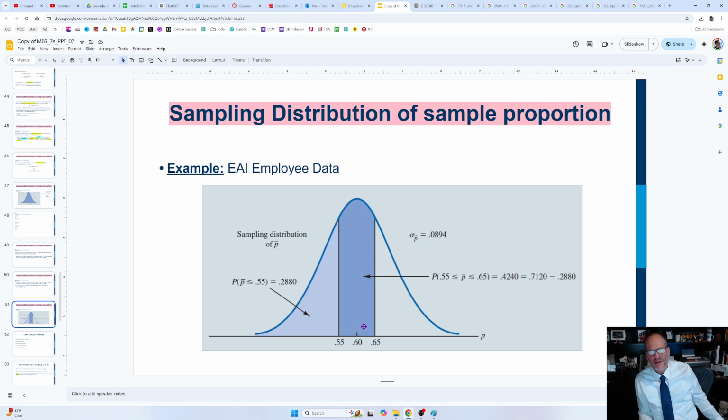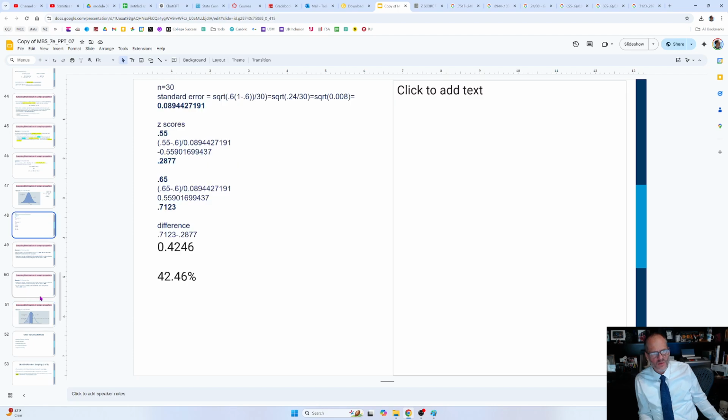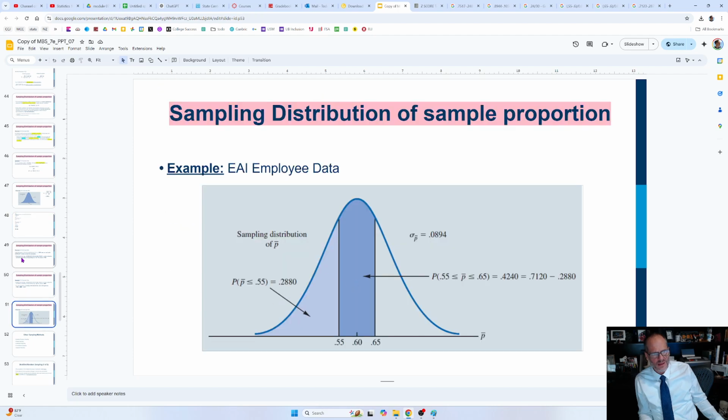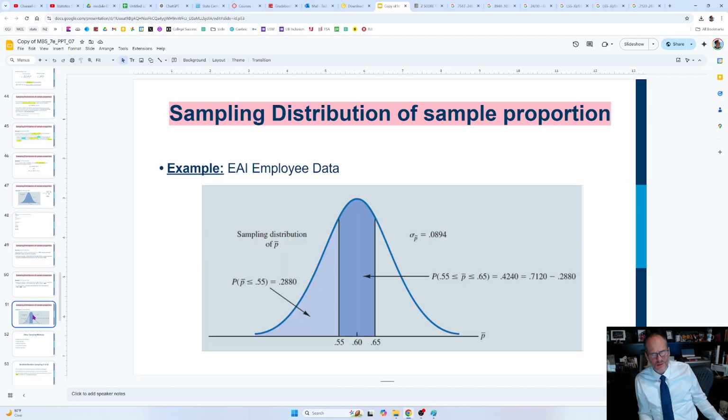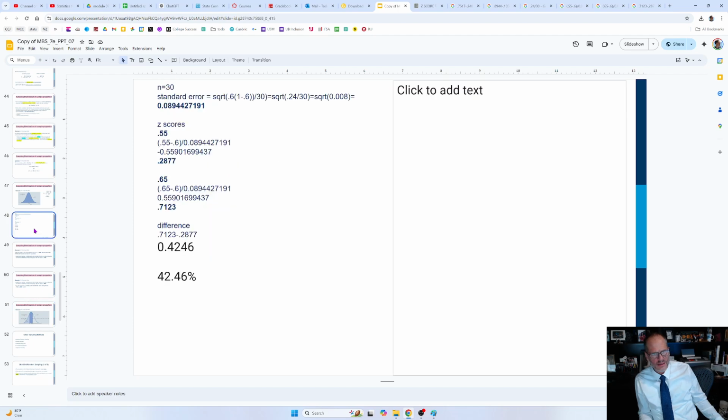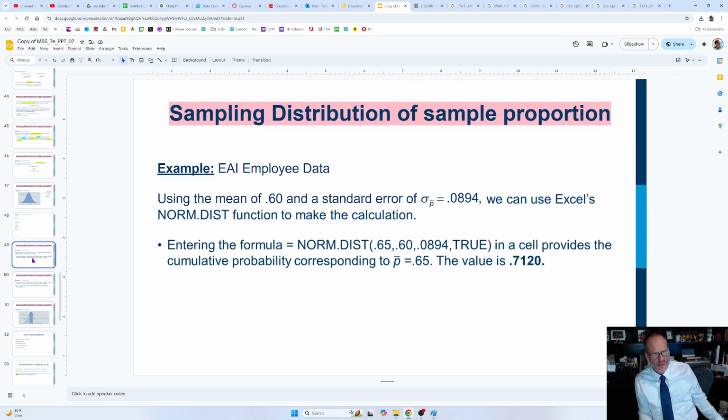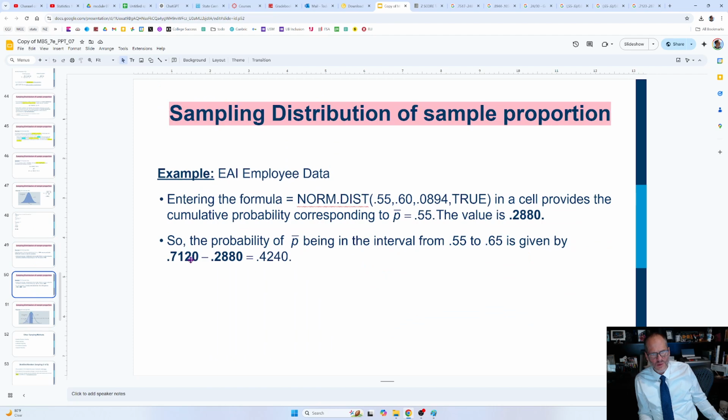So what percentage of our data, right? 42.46% of our data will be right there. When we look at this, they got 71.20, and we got 71.23. And 71.20 minus 28.8 is 42.4.